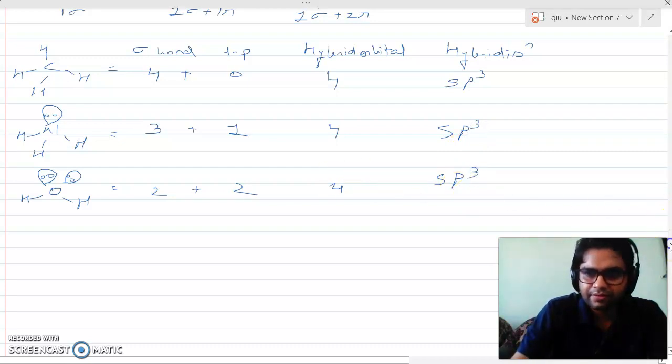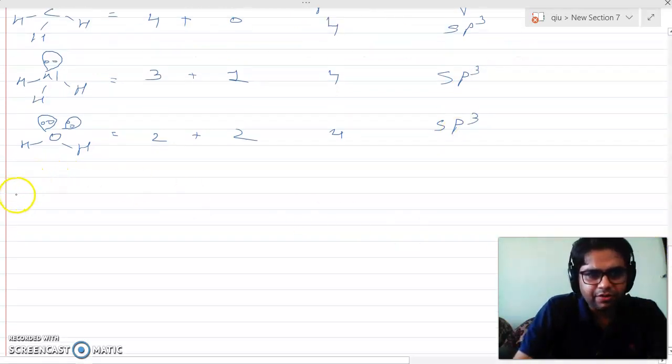Okay, there is a very small trick to find the number of hybrid orbitals, and it can help you in very complex molecules also.